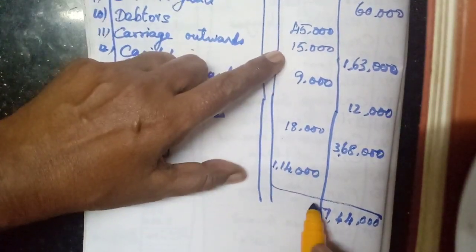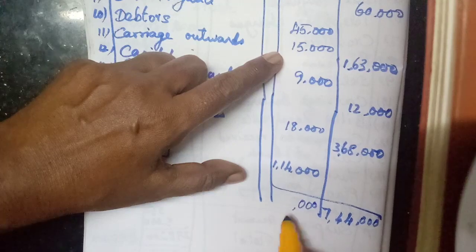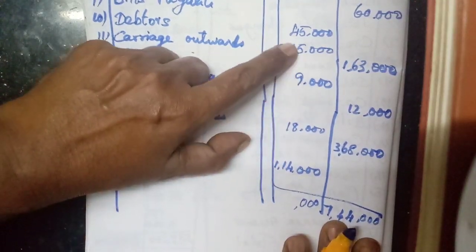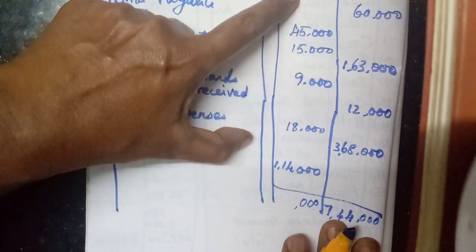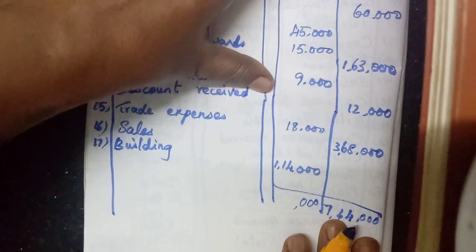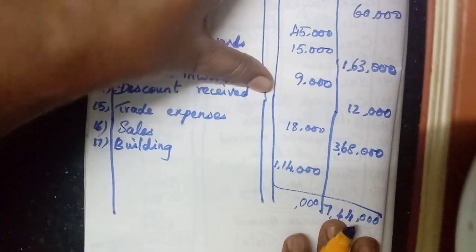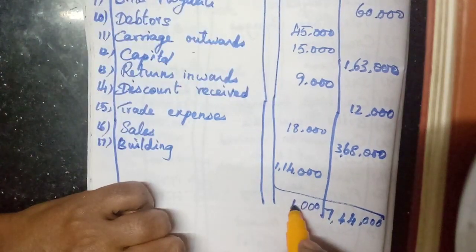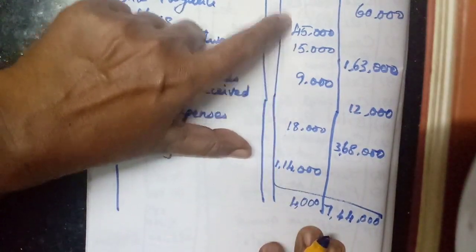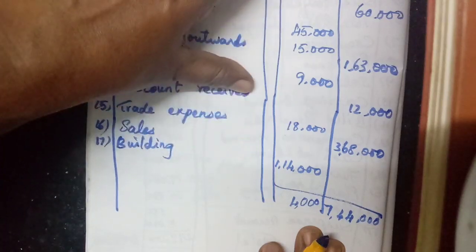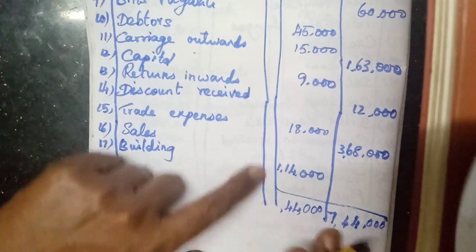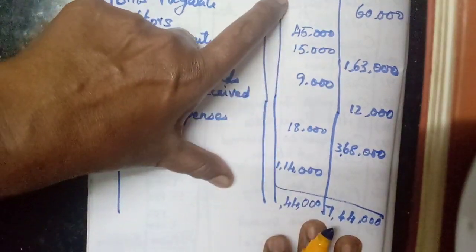Here 0, 0, 0. Then 4 plus 8, 12, 21, 31, 39, 45, 53, 58, 64. Balance 6, 7, 8, 9, 13, 17, 18, 21, 24. 2, 3, 6, 7.